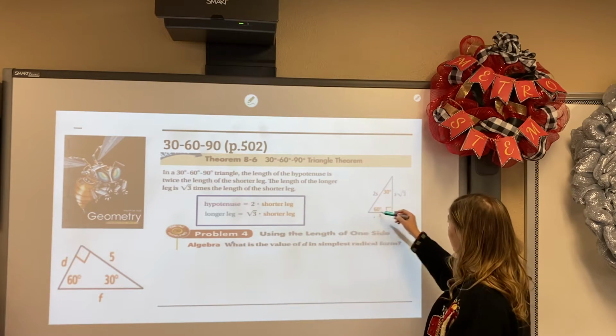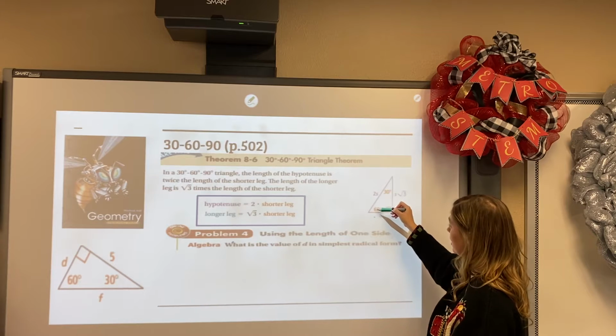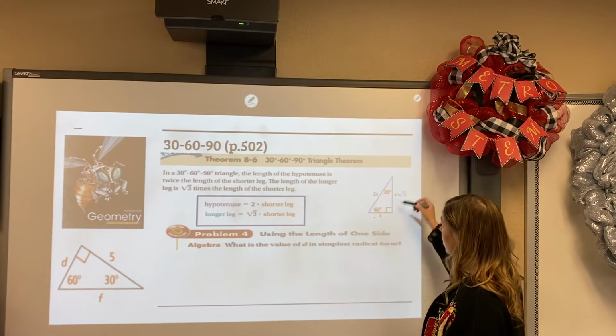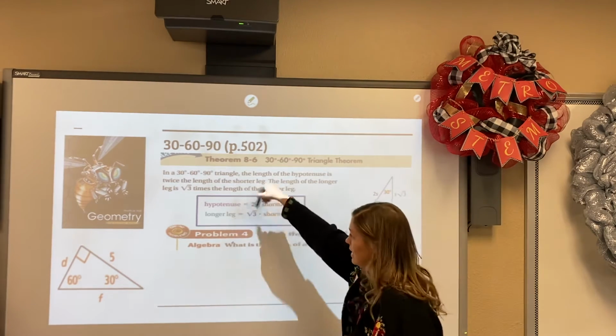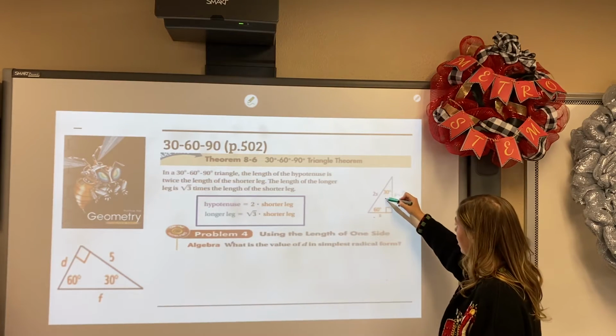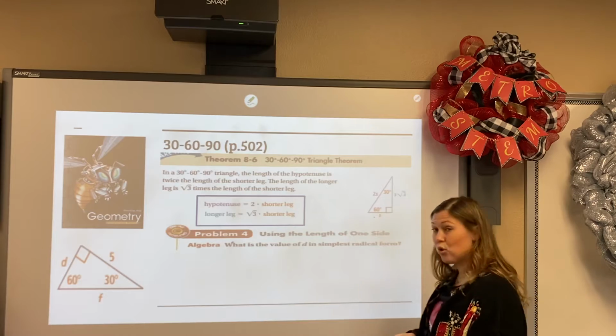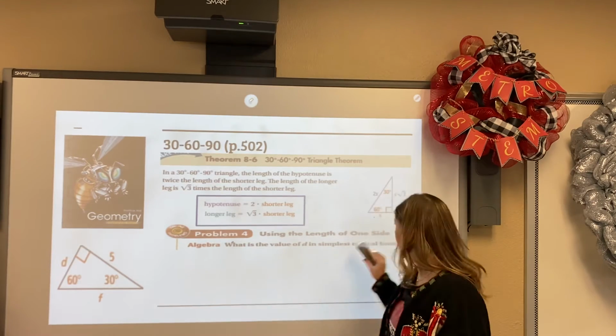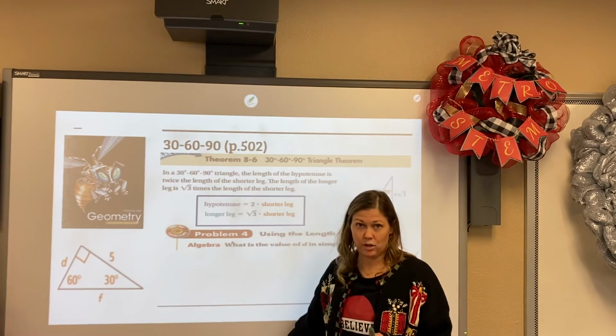So we have our 30 degrees, our 60 degrees, and our 90 degrees. So this I would write down, or you can write this down too. Across from 30 degrees is our S. That's our shortest leg, and that's always what we need to find in our 30, 60, 90 triangles.